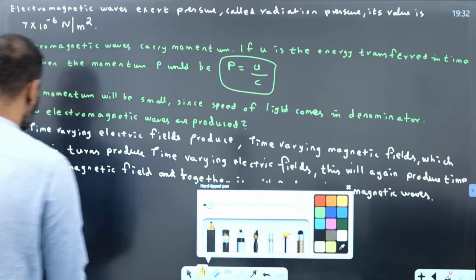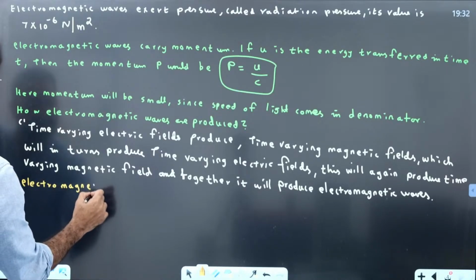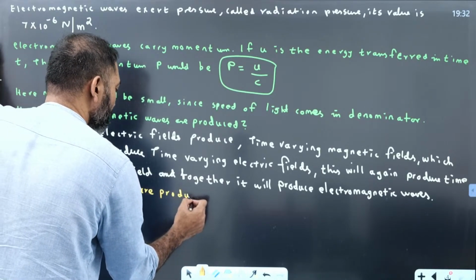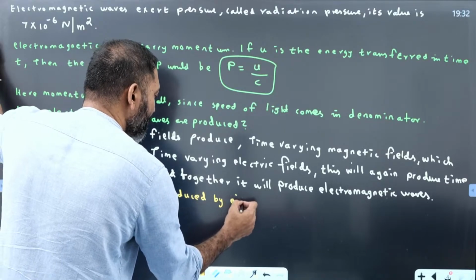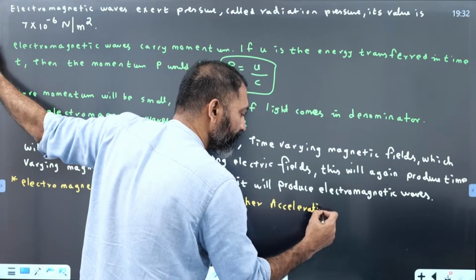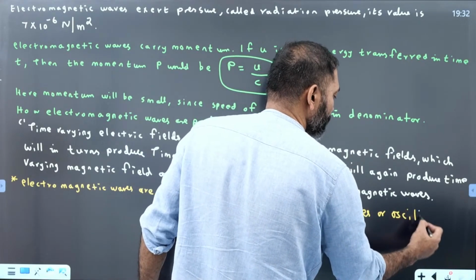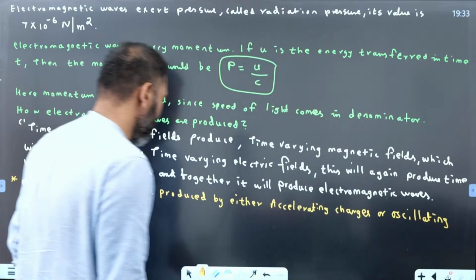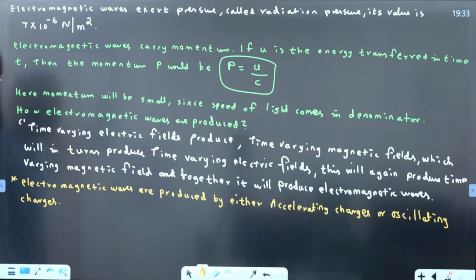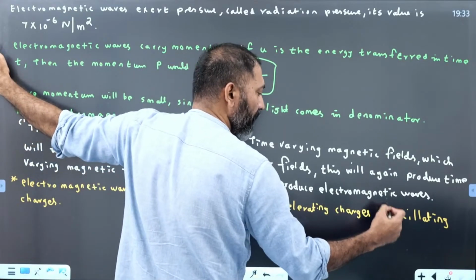Or you can say that electromagnetic waves are produced by either accelerating charges or oscillating charges.